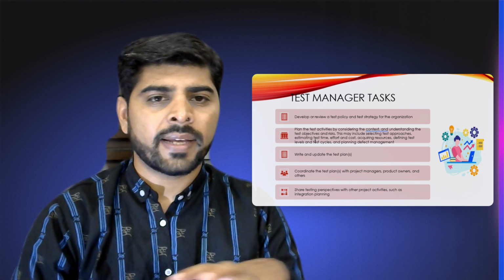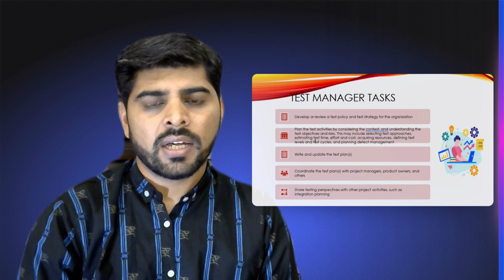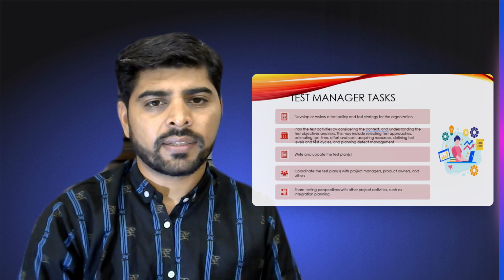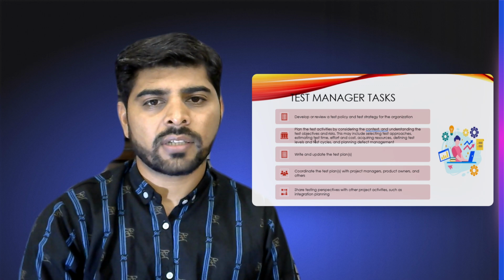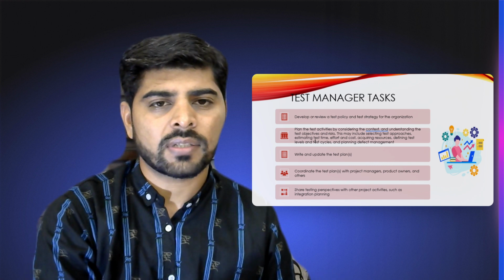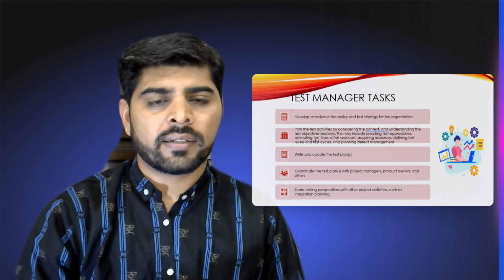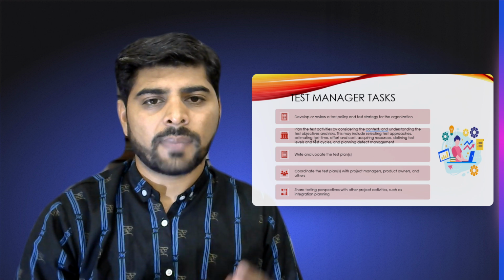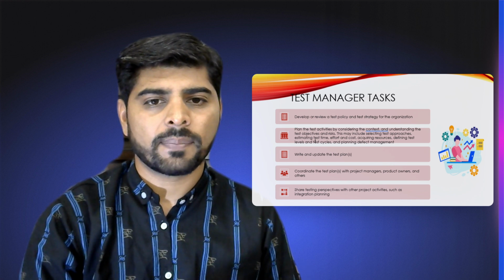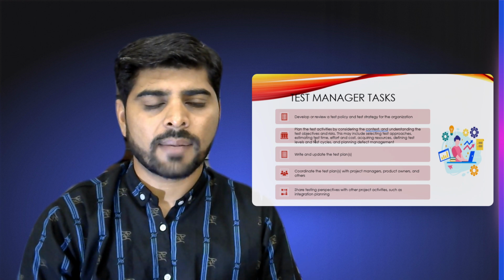Let's discuss some test manager tasks. The test manager manages the testing activity and manages the team. As manager, he or she is responsible for planning the testing activities, preparing the test plans, and mentoring and guiding the team. The manager develops the test automation strategy and manual strategies, writes guidelines for the team on how to write test cases and how to report bugs, and prepares the test environments and test automation environment.